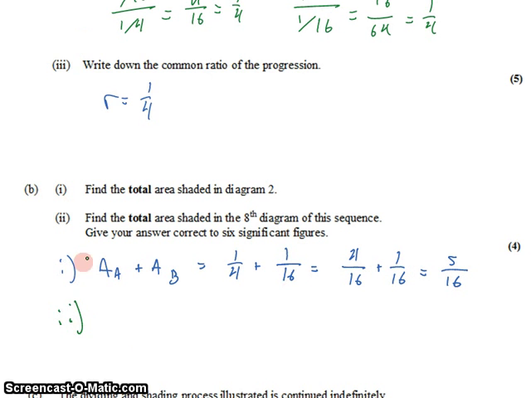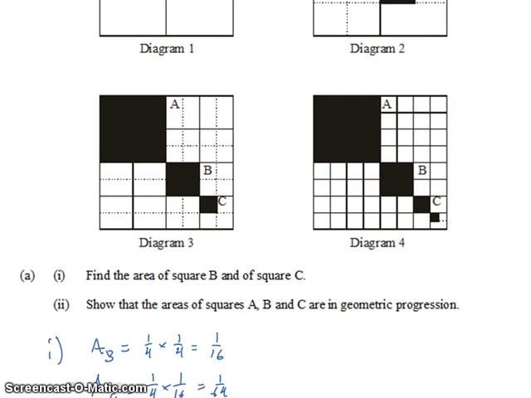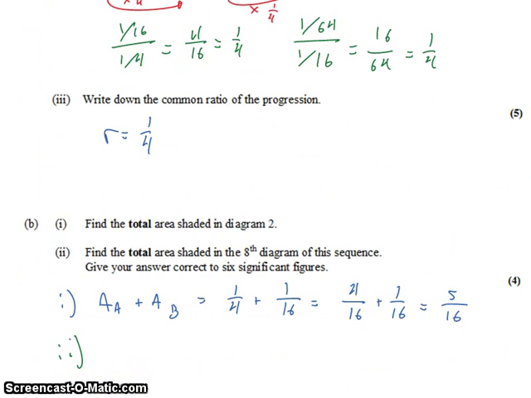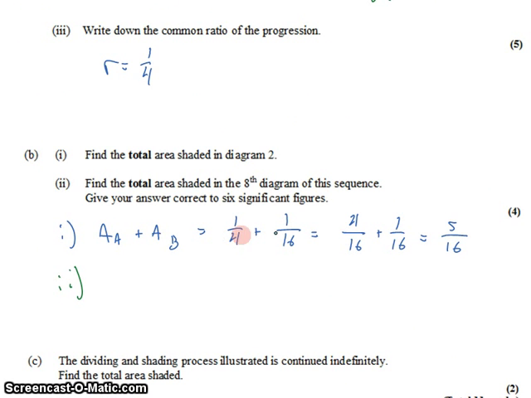All right, now we want to find the total shaded area in the 8th diagram of this sequence, which isn't shown. Basically, we continue in this way all the way out to the 8th diagram, and we want to add up those 8 squares. Well, we could do it this way, or we could take advantage of geometric series. So the sum of a geometric series is the first term times the common ratio to the power of n take 1, over the common ratio take 1.